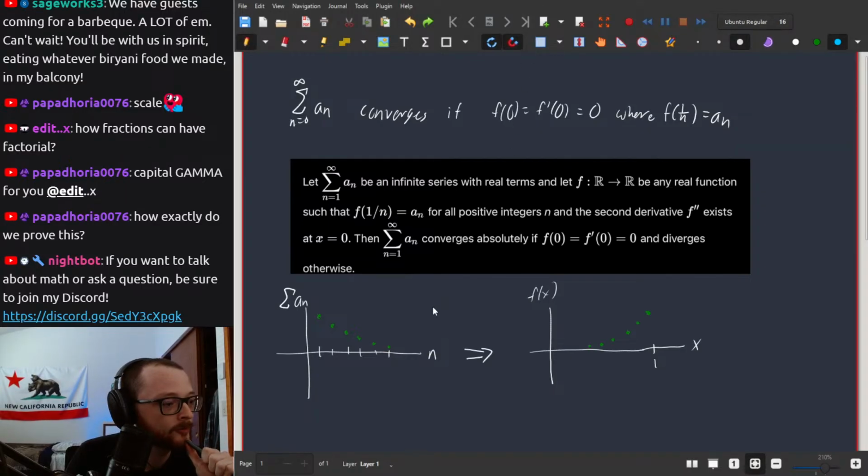Fractions can have a factorial. Basically, like the gamma function. There's a way that you can do it without talking about gamma function. Well, oh wait, I'm thinking of combinations.